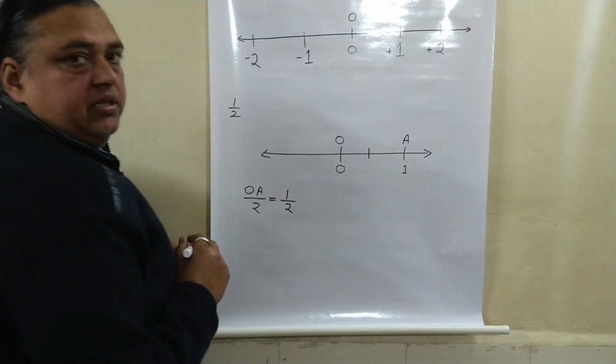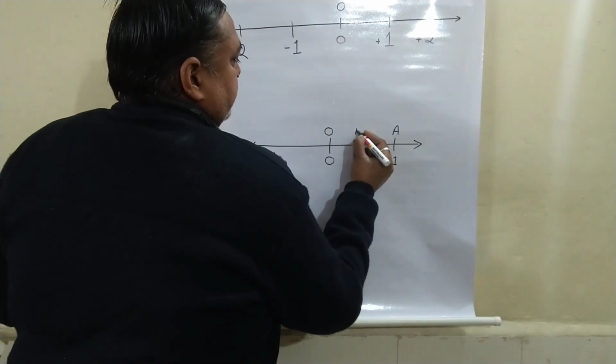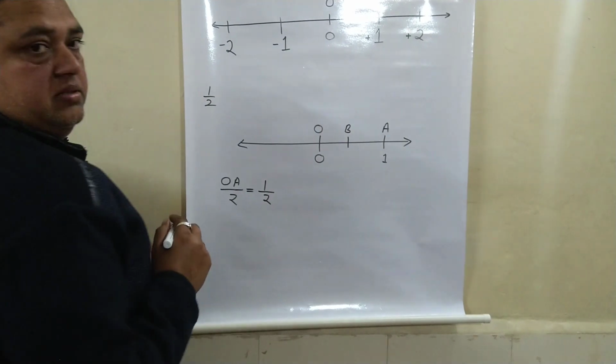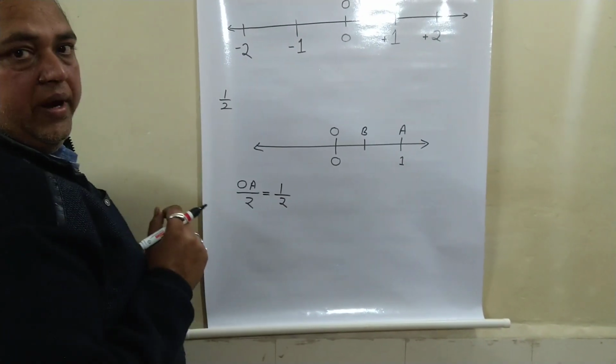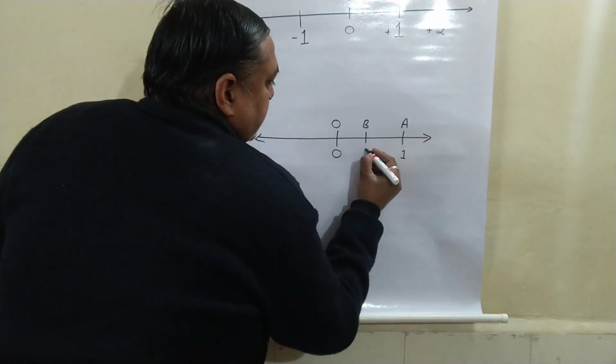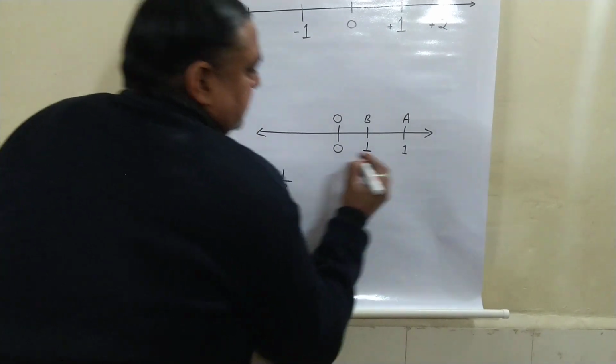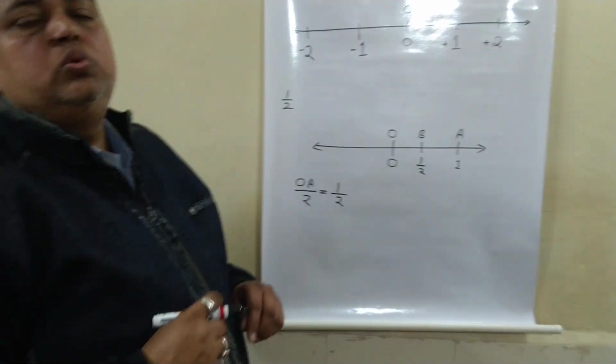Suppose this is the point B, which is the midpoint of O and A. This point will represent number 1/2 on the number line.